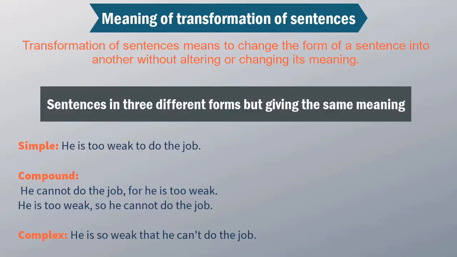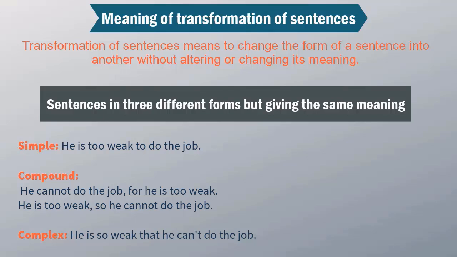Now guys, look at these sentences and tell me if there is any difference in terms of the meaning. He is too weak to do the job. He cannot do the job for he is too weak, or he's too weak so he cannot do the job. And the third example is he's so weak that he cannot do the job. Is there any difference in meaning? No, there is no difference at all.